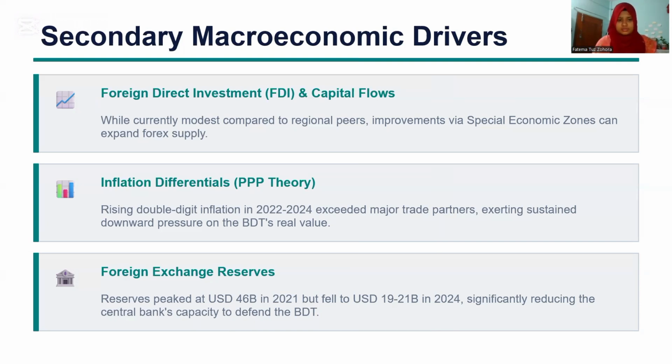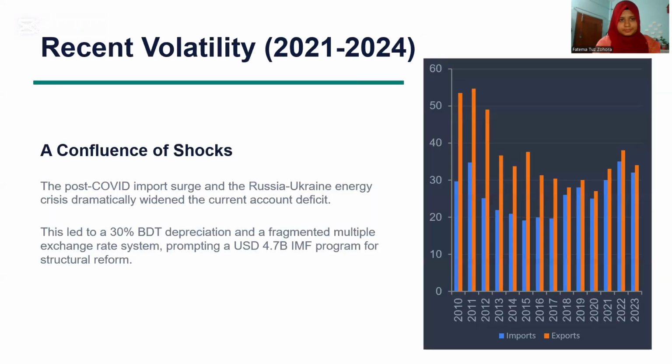Foreign exchange reserves peaked at USD 46 billion in 2021 but fell to USD 19 to 21 billion in 2024, significantly reducing the central bank's capacity to defend the BDT.